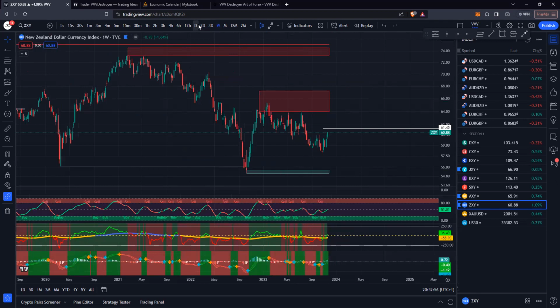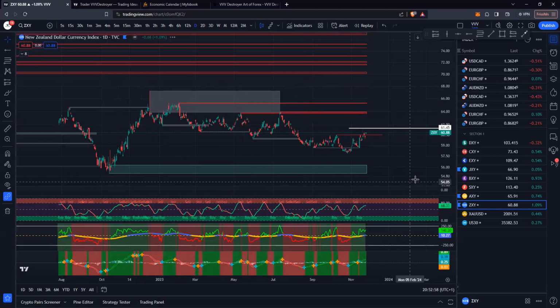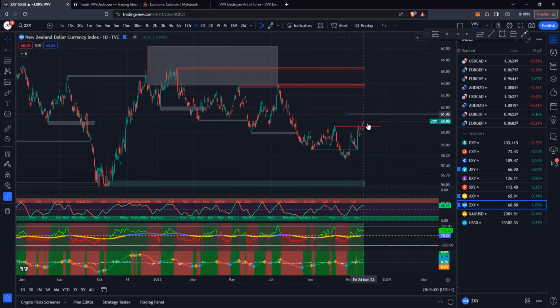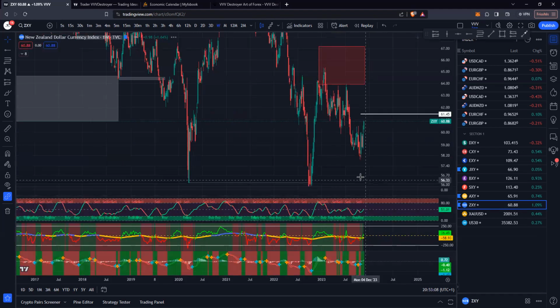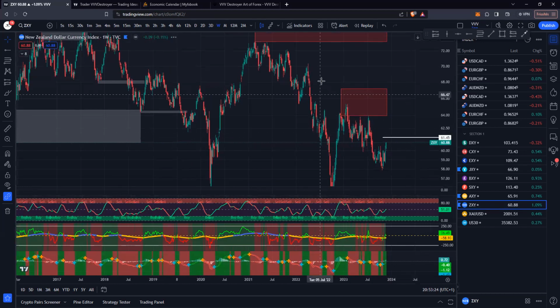ZXY also target zone, heading to the target zone, breaking the zero line. Also, those structural divergences here, also divergence, but still under the zero line. So we see that something is about to happen, and it happens, but not as fast as you know.